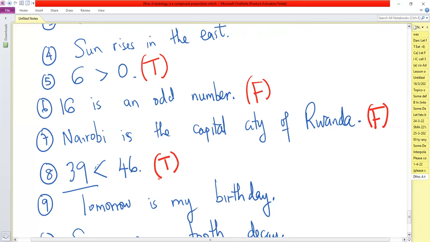So you realize that sometimes a proposition may be true and sometimes false, depending on where and when it was stated and by whom.